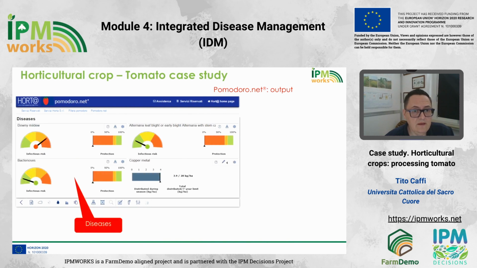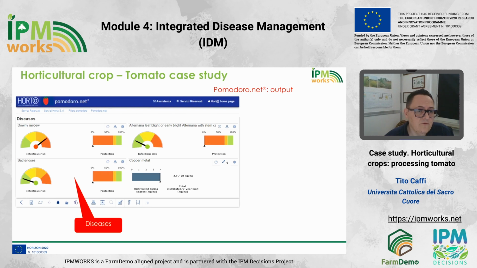And then we have, let's say, the proper phytopathological simulation with different diseases: downy mildew, alternaria, so the late blight or the early blight, the alternaria leaf blight, many different bacterioses that are affecting the crop.